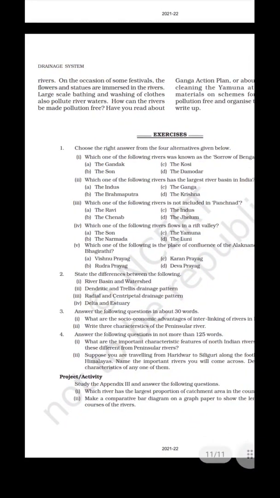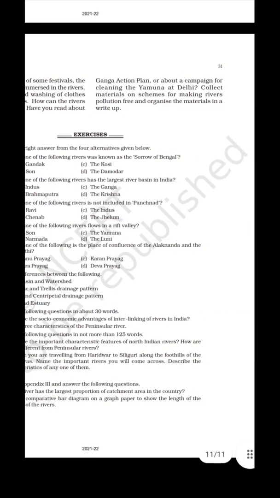The flowers and statues are immersed in the rivers. Large-scale bathing and washing of clothes also pollute river waters. How can the rivers be made pollution free? Have you read about the Ganga Action Plan or about a campaign for cleaning the Yamuna at Delhi? Collect materials on schemes for making rivers pollution free and organize the materials in a write-up.